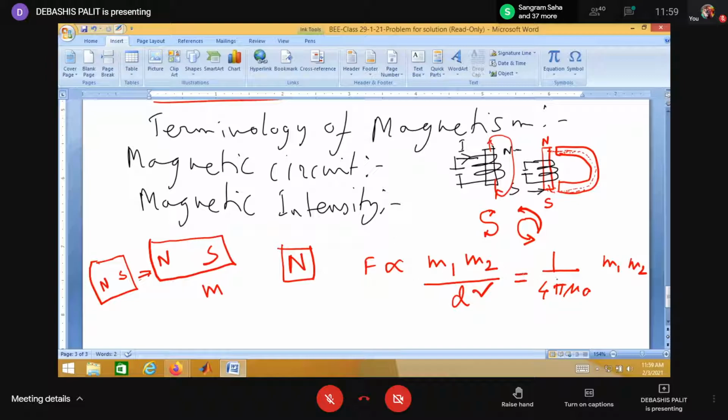That is equal to 1 by 4 pi mu 0 into m1 m2, where m1 is the pole strength of one magnet and m2 is the pole strength of the other. With an S pole and an N pole, there is a magnetic attraction.